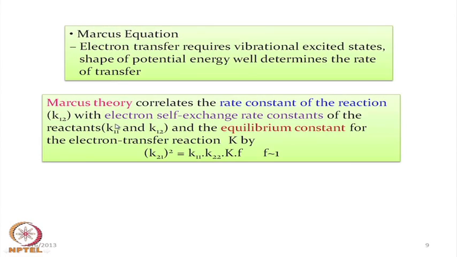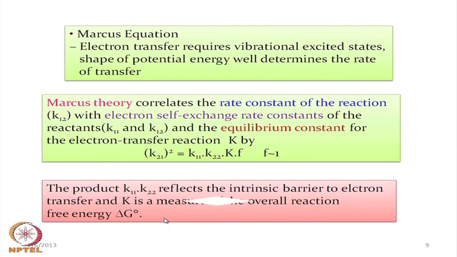K12 is determined from the electron self exchange rate constants of the reactants, K11 and K22, and the equilibrium constant for the electron transfer reaction, K. So, this K multiplied by K11 and K22 gives rise to K12, and the self exchange rate constant can be determined by knowing this equation.